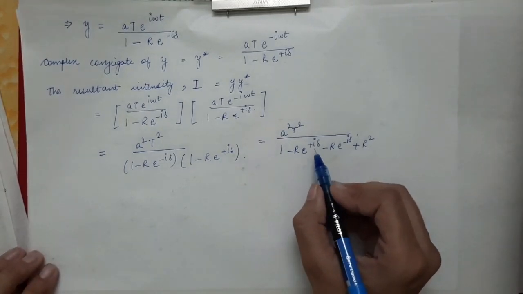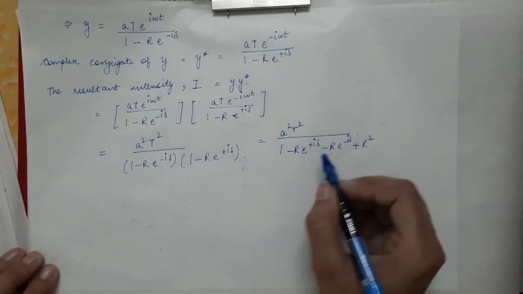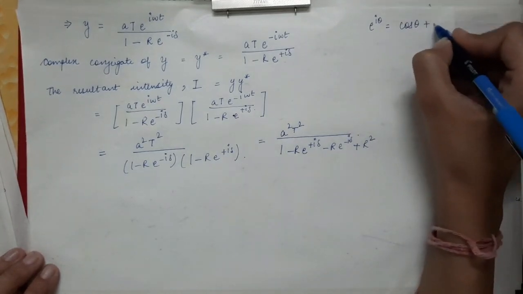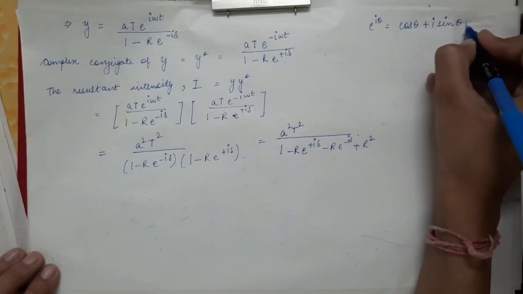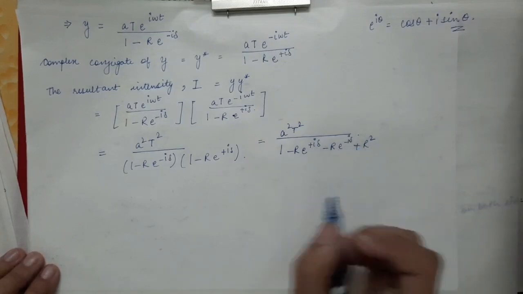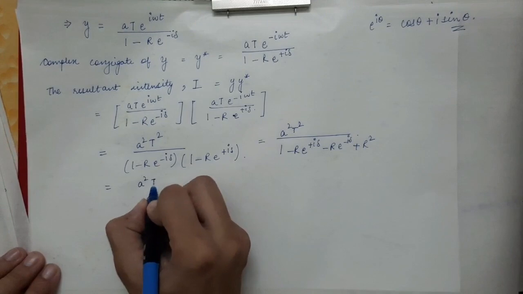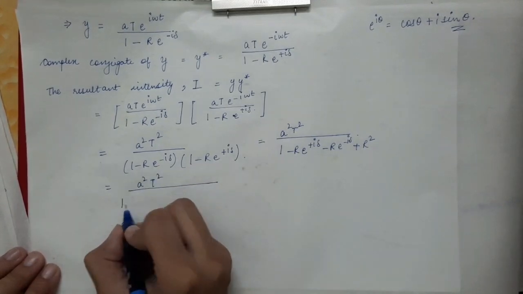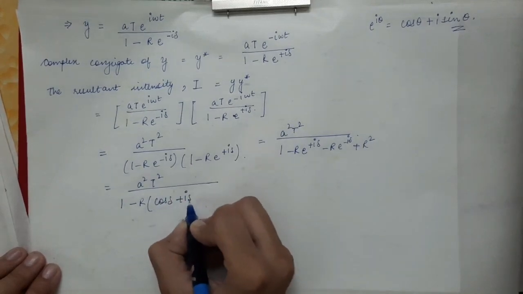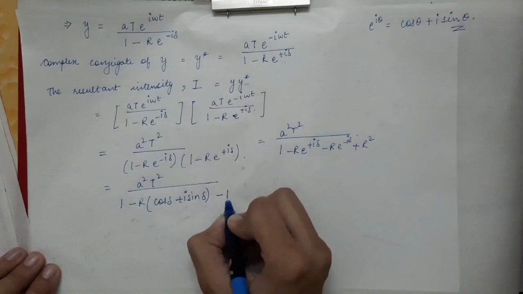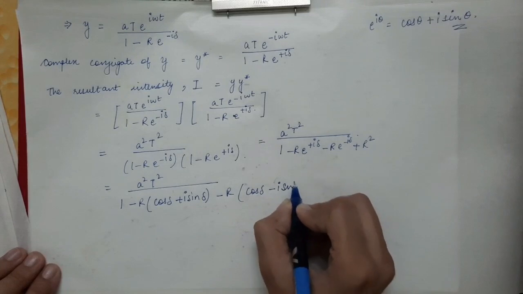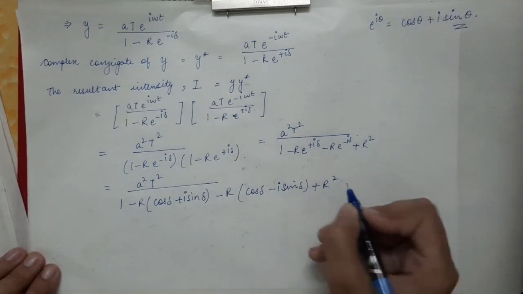Now you put the expression of e^(iθ), which is equal to cos θ plus i sin θ. So we put the expressions of e^(iδ) and e^(−iδ). The net intensity will be a squared t squared over 1 minus r(cos δ plus i sin δ), then minus r(cos δ minus i sin δ) plus r squared.